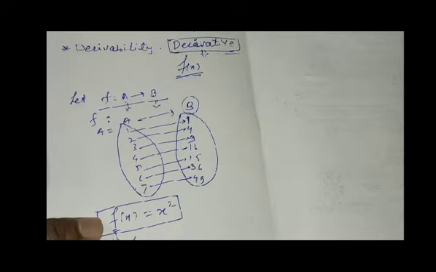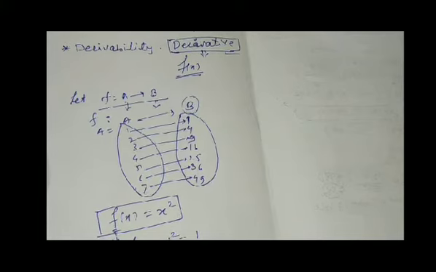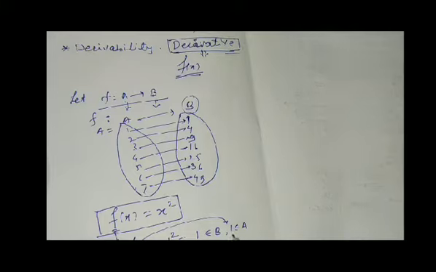So f of 1 is equal to 1 square, which is 1. This 1 belongs to set A. After that, f of 2 is equal to 2 square, which is equal to 4. This belongs to B and this belongs to A, and there is a relation from A to B. What relation?